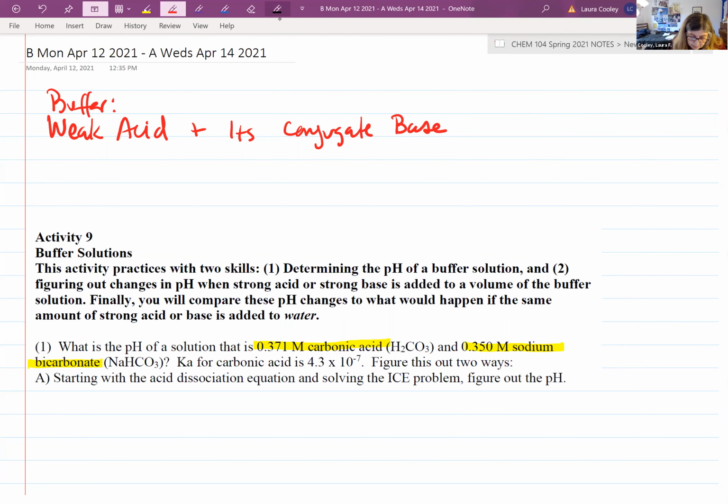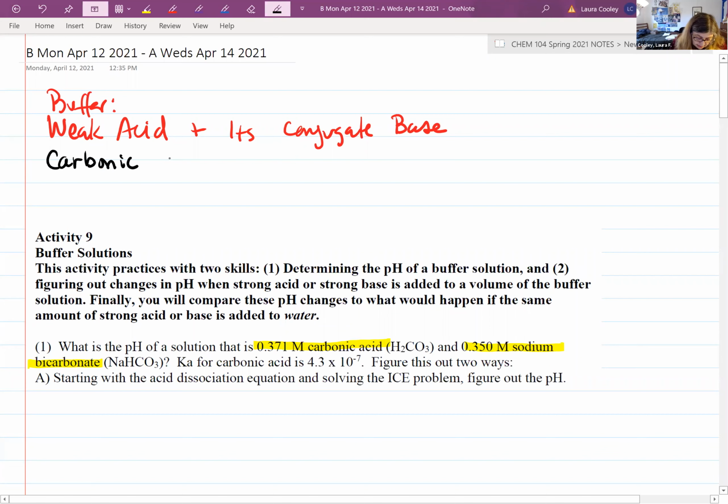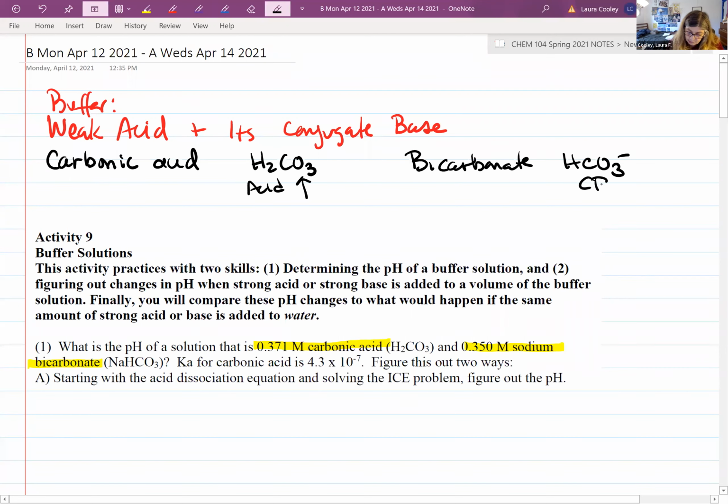The acid and base combination that I used in this example are carbonic acid, which is H2CO3, and bicarbonate, which is HCO3 minus. So this is the acid and conjugate base. These are the pairs for this buffer.